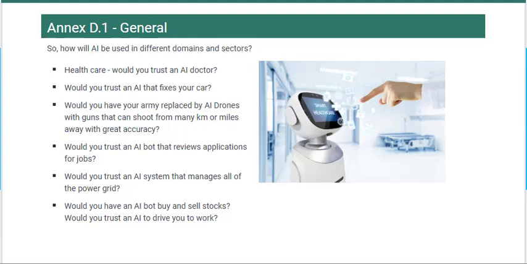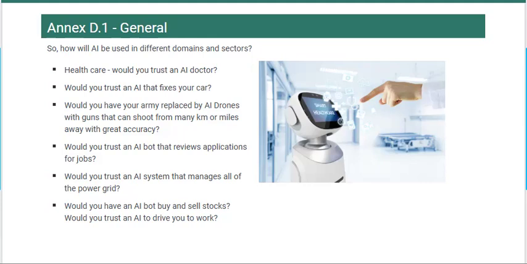Would you trust an AI bot that reviews applications for jobs? Would you trust an AI system that manages all of the power grid? Would you have an AI bot buy and sell stocks?